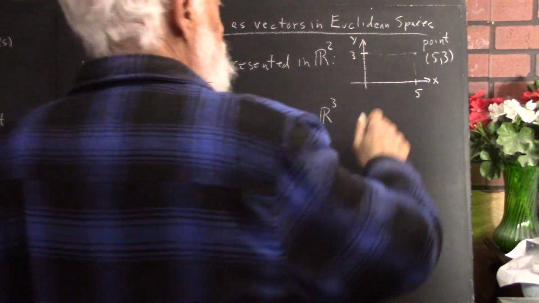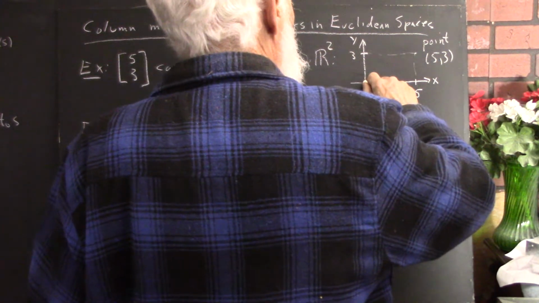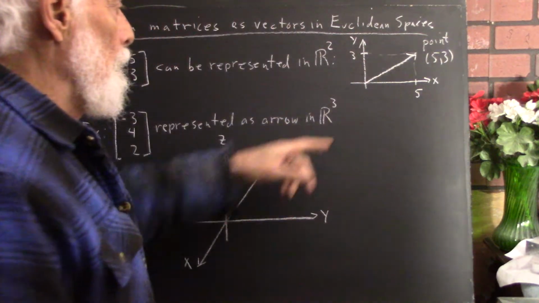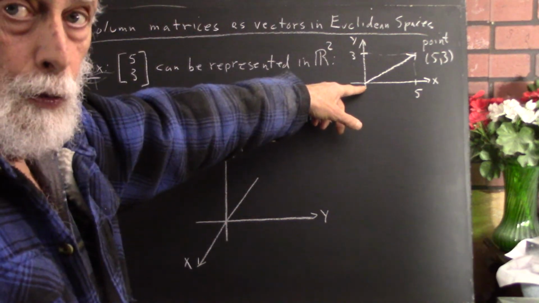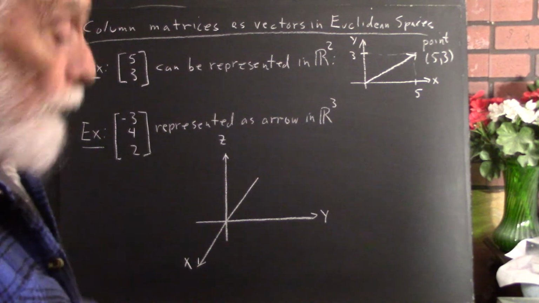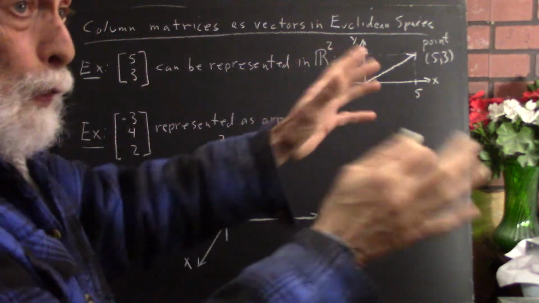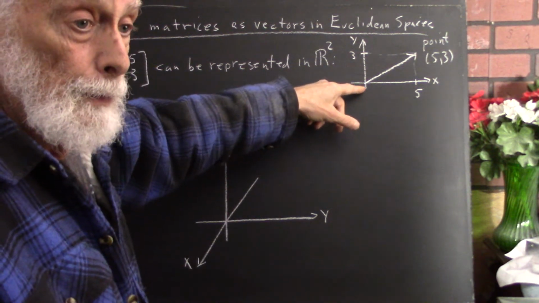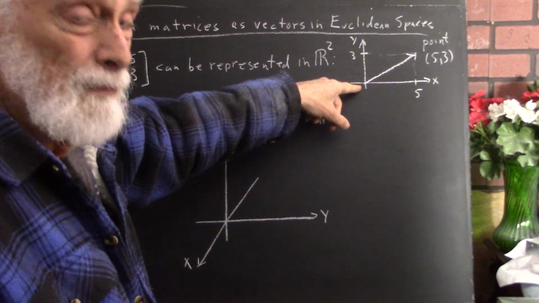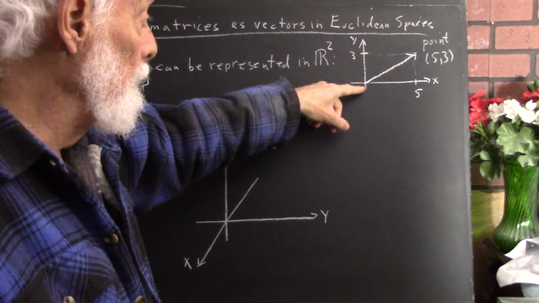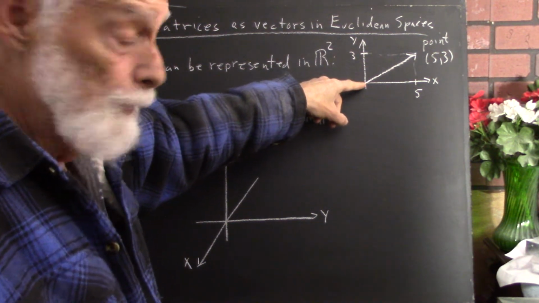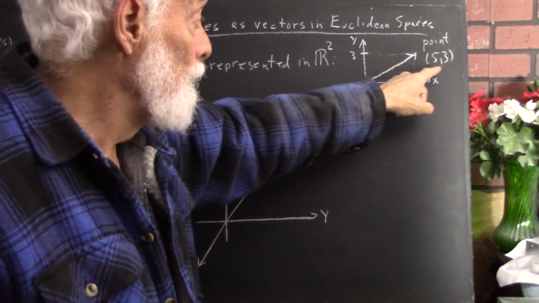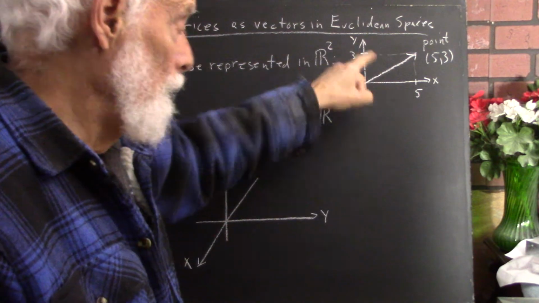The vector we're going to think of as an arrow, generally rooted at the origin, although there are cases where we want to get arrows between arrows and you can't put them all at the origin. But we consider the vector to be, unless otherwise specified, rooted at the origin, so that its terminal point, the head of the arrow, is at the point 5, 3.